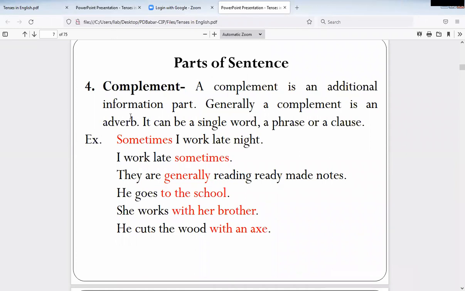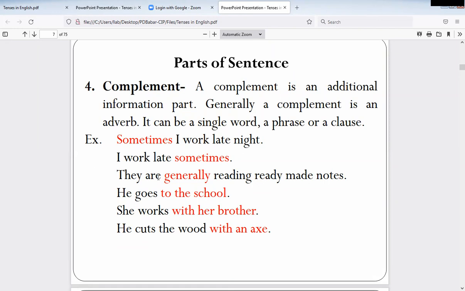So see the third example. Let's see. They are generally reading ready-made notes, okay. They are generally reading ready-made notes.